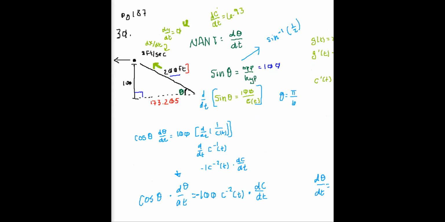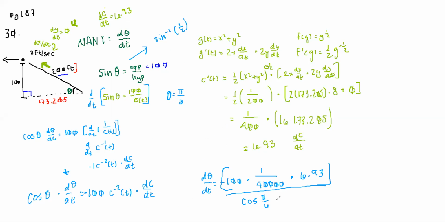Which is 8.66. Okay, so that is negative 100 over 40,000. Another 400. So that is going to be negative 6.93 over 400.